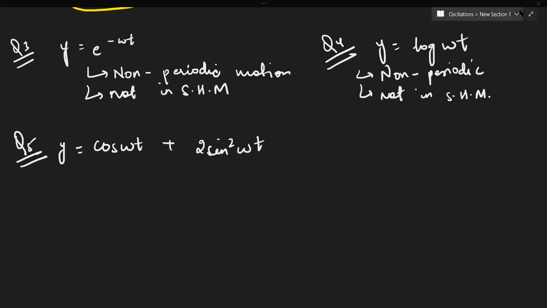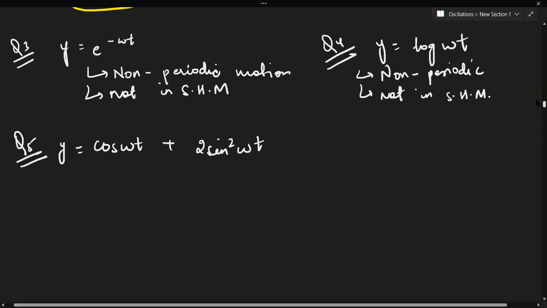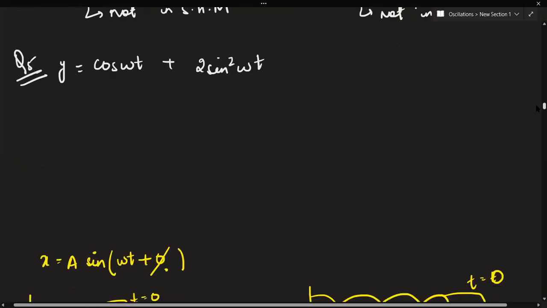One more numerical, just in order to clarify this concept. This is definitely periodic. It's a combination of sine and cos. But all periodic motions are not SHM, and that can be proved if I take the first differentiation of this.